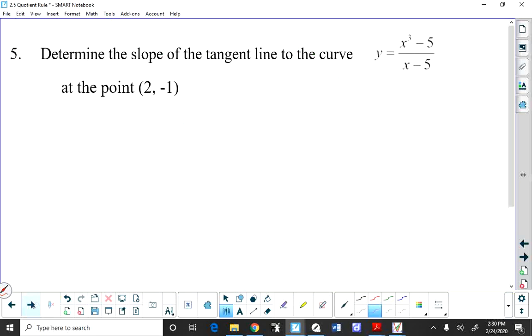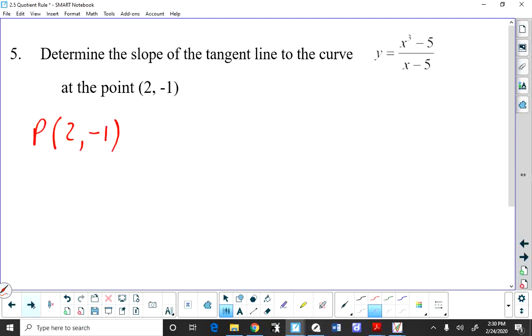Determine the slope of the tangent to this curve at this point, 2 comma negative 1. So the function is y equals x cubed minus 5 over x minus 5. What is it you need to know? Is this our final example? Okay. What is it you need to know to determine an equation of a line, in this case a tangent line? Well, the first thing that you need to know is a point.